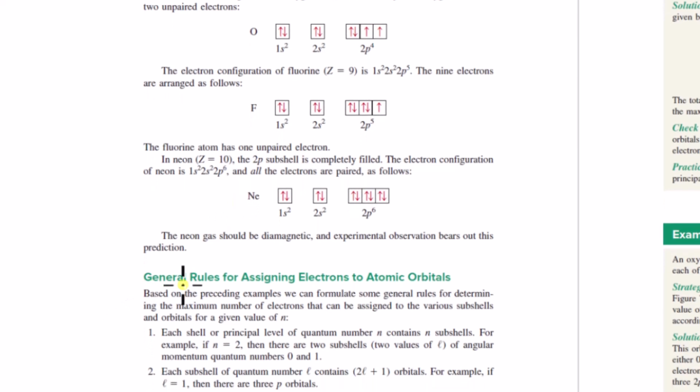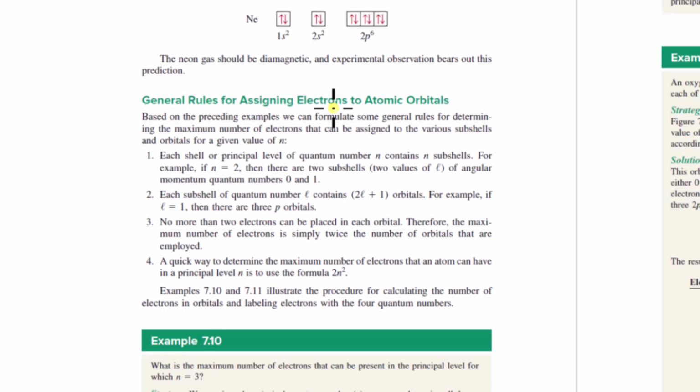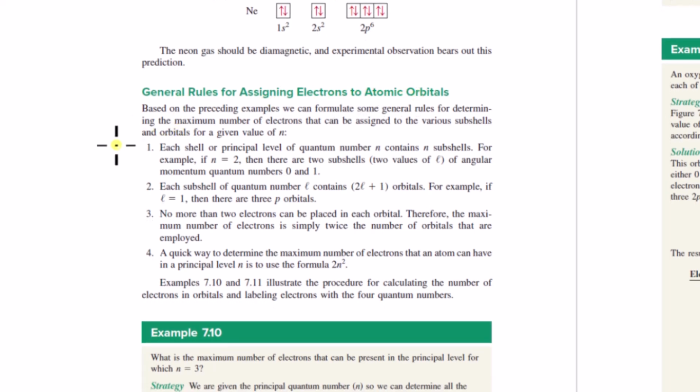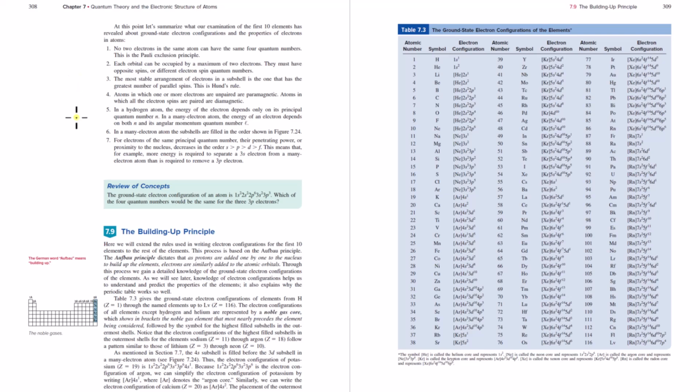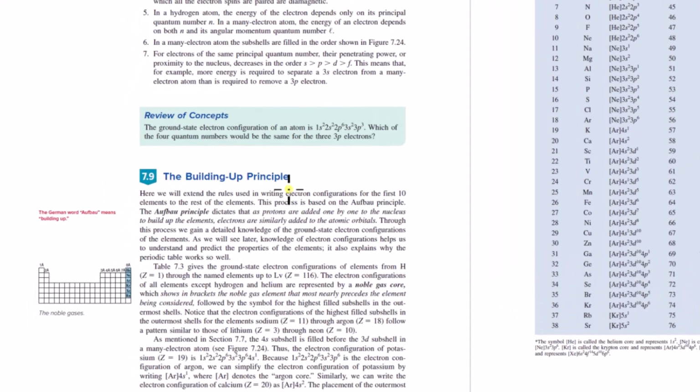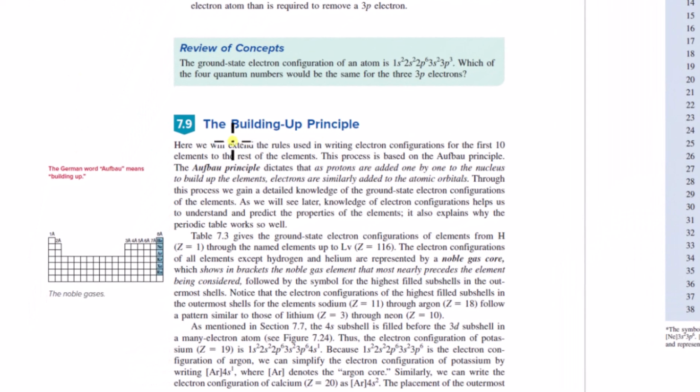All right, this section, the general rules for assigning electrons to atomic orbitals, is all just summarizing everything we've just talked about. All right, so now we want to go past the first 10 atoms. We just talked about the electron configuration for the first 10 atoms.